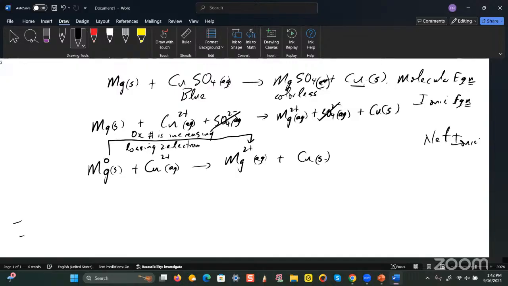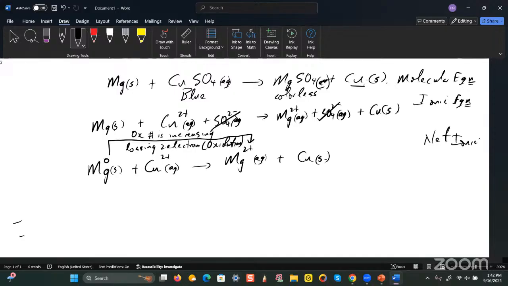So we say that magnesium is undergoing oxidation, because the oxidation number of magnesium is increasing from 0 to +2, indicating that magnesium is losing 2 electrons.